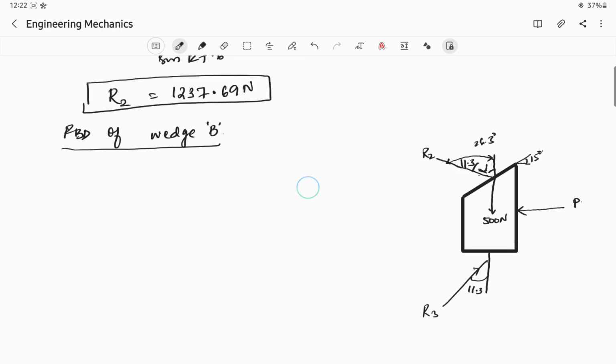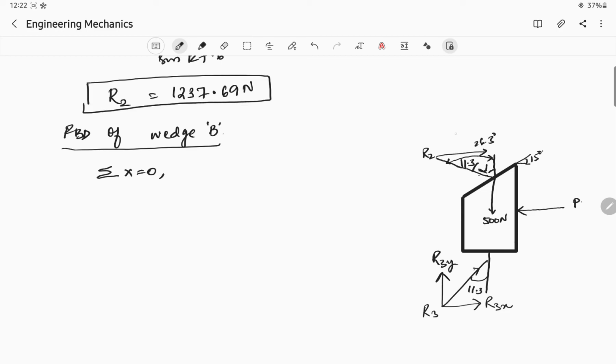So what we have to do is go for sigma x, sigma y, and sigma m. Okay, sigma x is equal to 0, I will write here. How many horizontal forces do we have here? See here, this will be R3x, and this will be R3y.